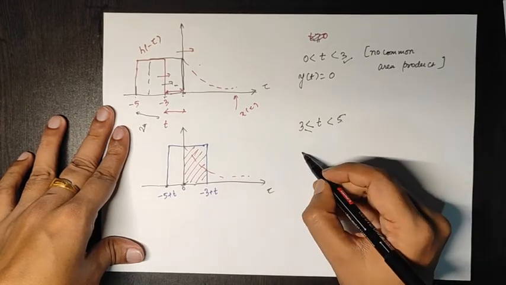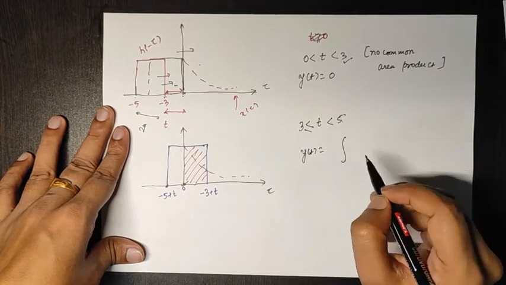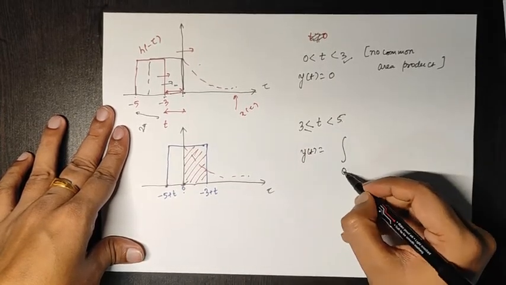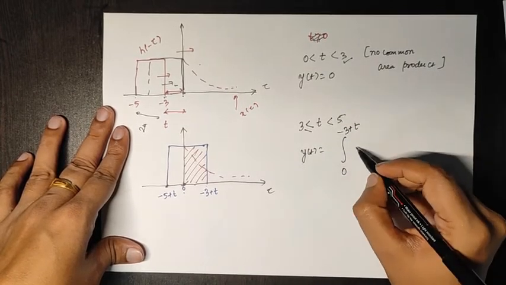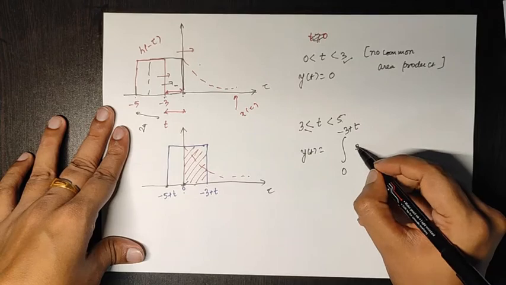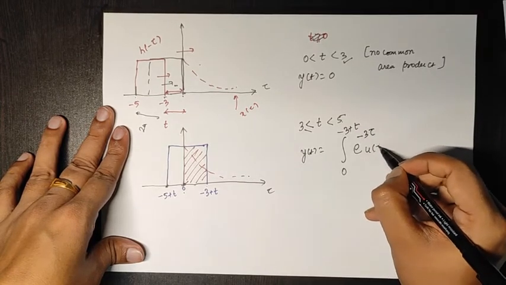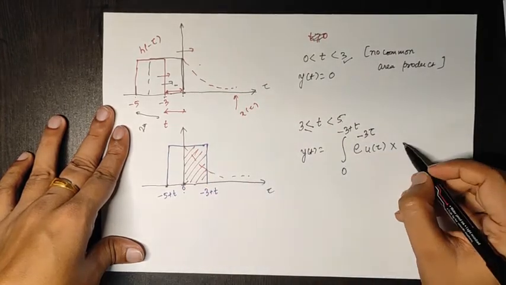In that case, y(t) will be the integration with limits 0 to -3 plus t, of x(tau), whose value is e to the power -3 tau u(tau), multiplied by this value, which is 1 only.